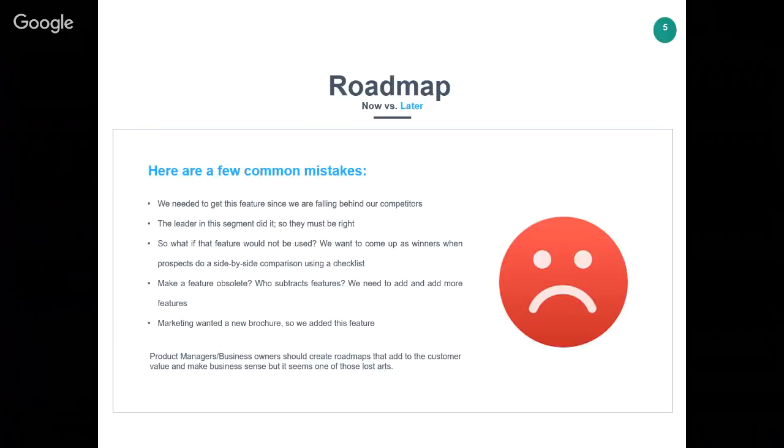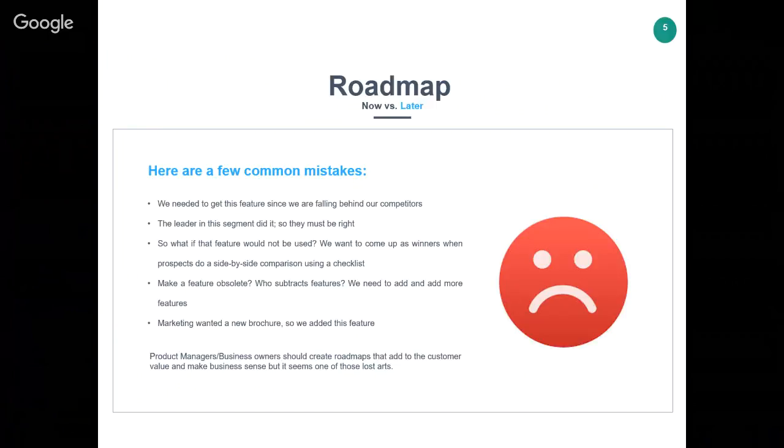The first one I'd like to call out is: we need to get this feature since we are falling behind competitors. How often do we hear this statement? Quite often, right? The second one: the leader in this segment did it, so they must be right, hence we should build this feature.